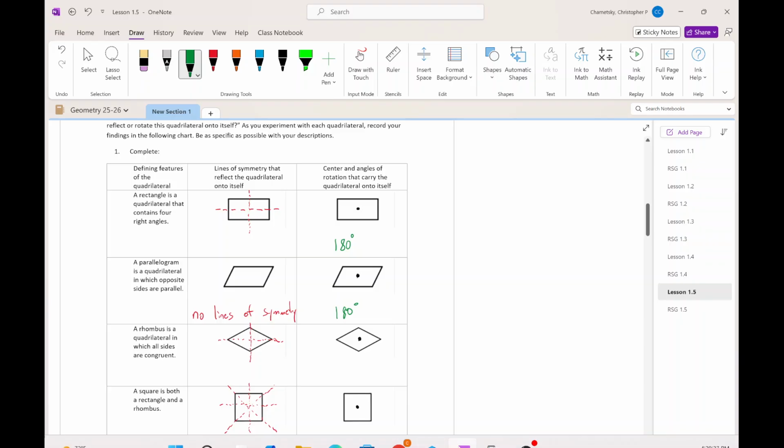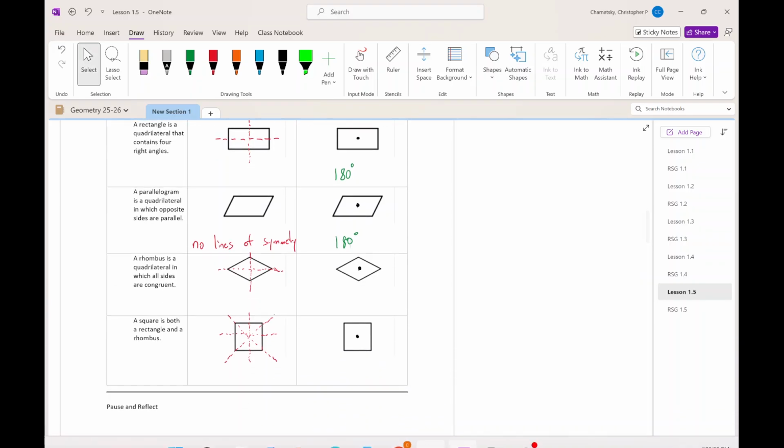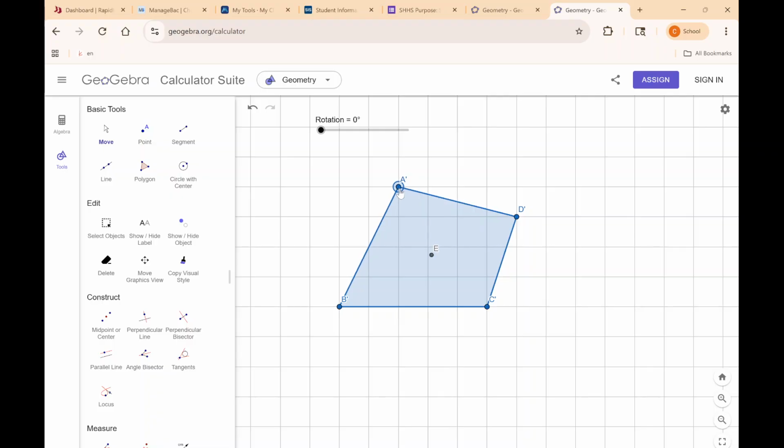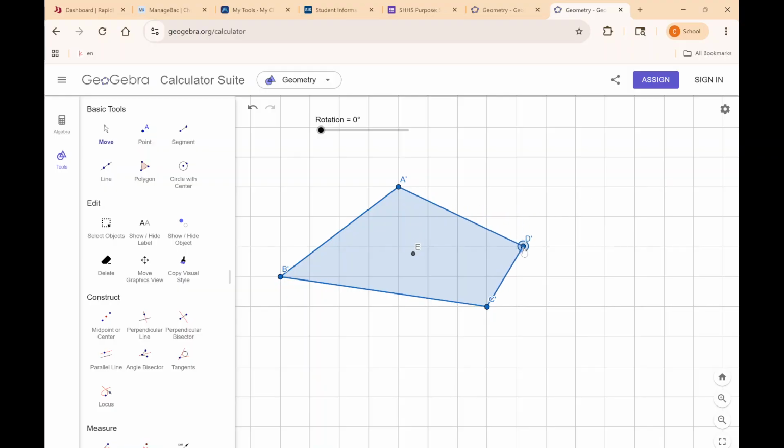Okay. For the rhombus, let's build our rhombus and see what happens. Okay, using our trick, we're going to go 4 over and 3 down. 4 over, 3 down.